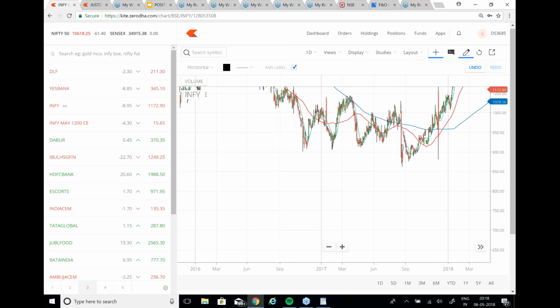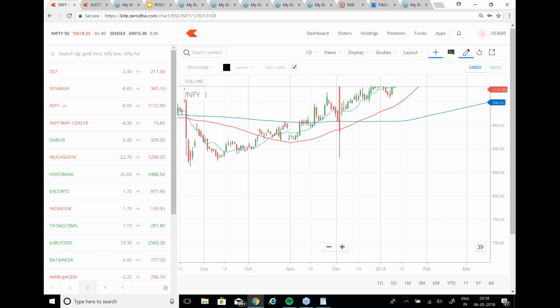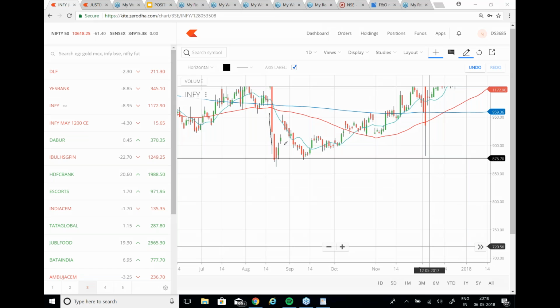So INFI has a double bottom. Like this is a kind of double bottom that you can see here, right? If you see this out here, this is a double bottom. You can see the double bottom, right?